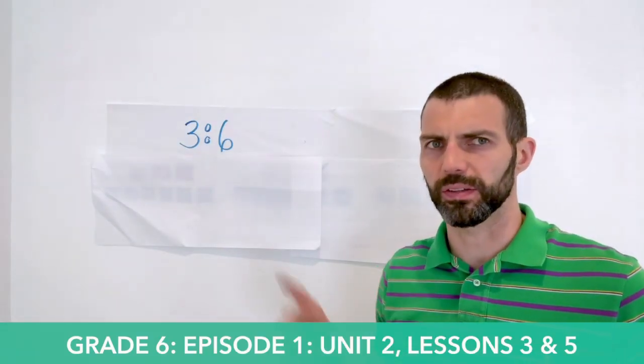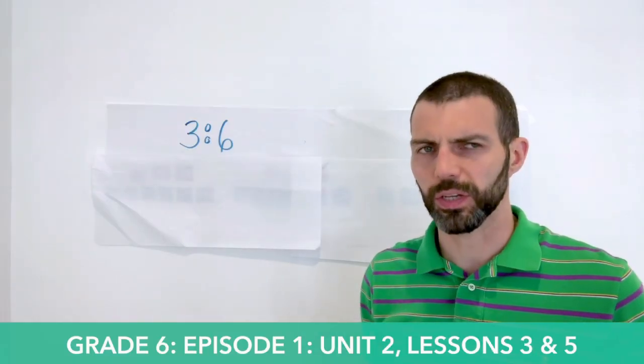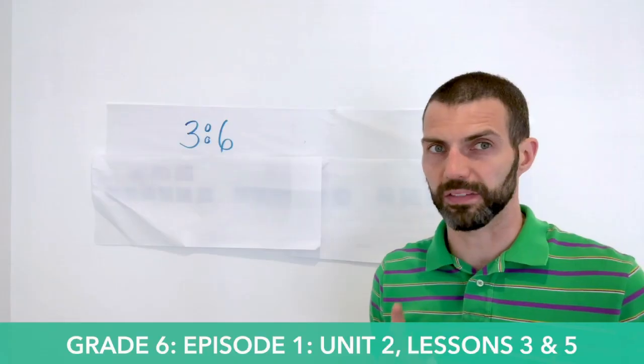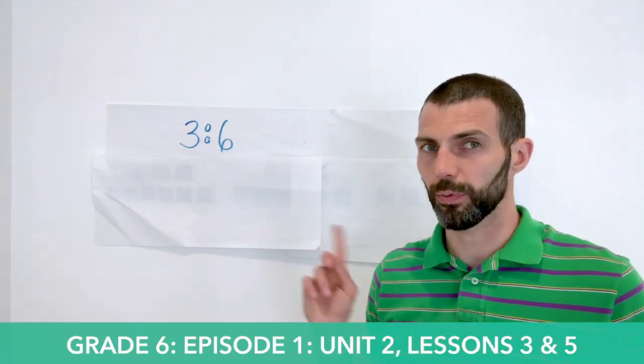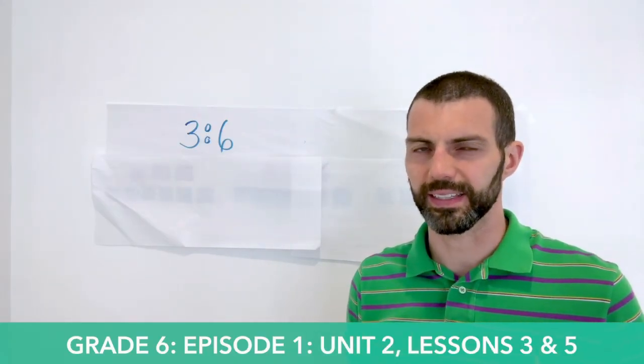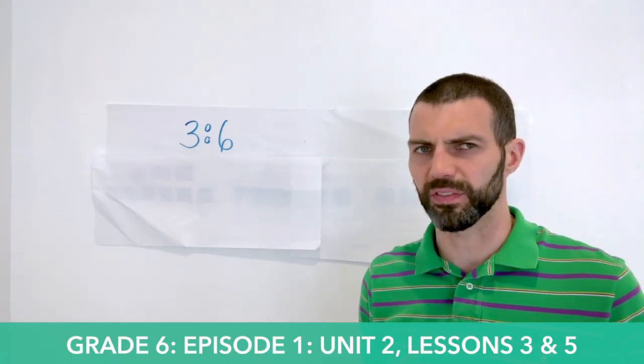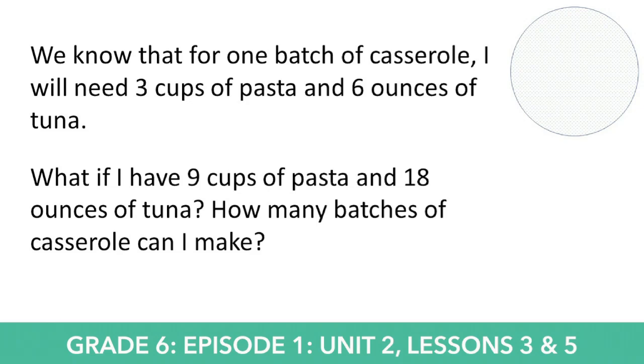So our ratio is 3 to 6. Make sure you jot that down. We know that for one batch of casserole, we need 3 cups of pasta and 6 ounces of tuna. But what if I have 9 cups of pasta and 18 ounces of tuna? How many batches of casserole can I make?